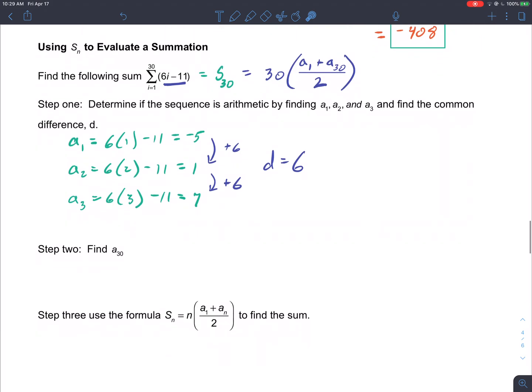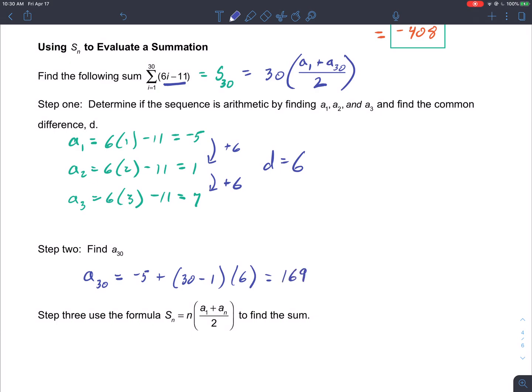Since I need a sub 30, my next step is to find it. a sub 30 is equal to the first term, negative 5, plus 30 minus 1 times the common difference, 6. So the 30th term is 169.